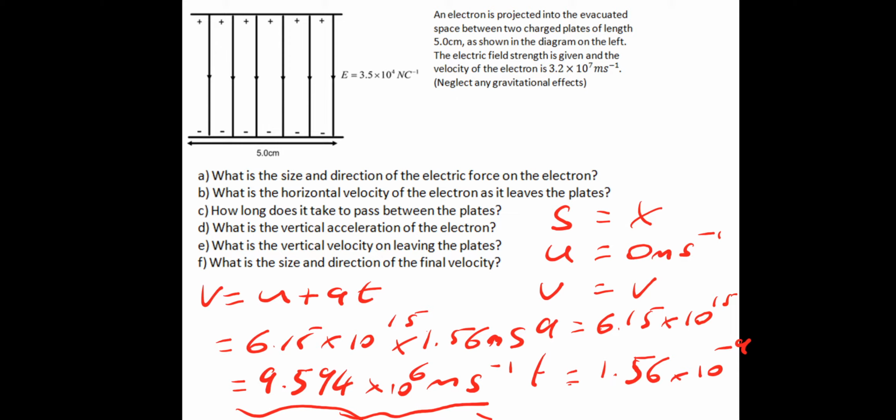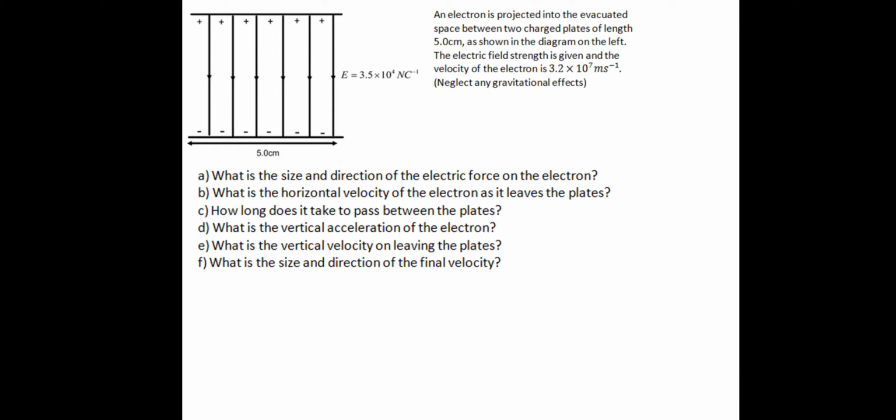Part F, size and direction of the final velocity. So this is a bit of trigonometry. So we want the hypotenuse, and we've got the two components. We've got the vertical and the horizontal. So the horizontal is the 3.2 times 10 to the 7 meters per second. And the vertical is what we just found out, the 9.594 times 10 to the 6.